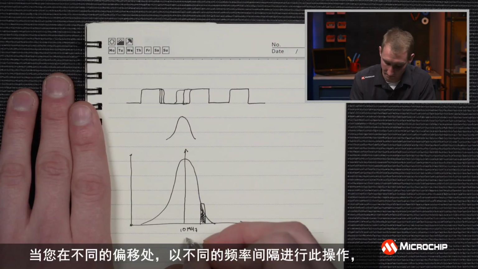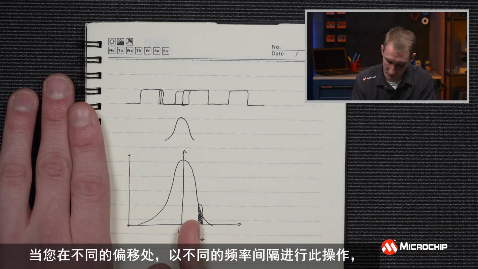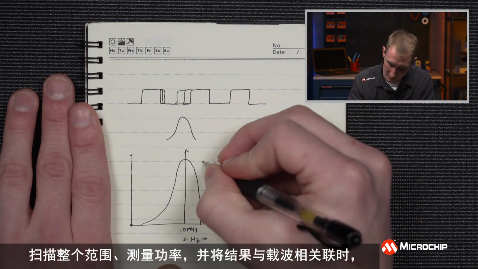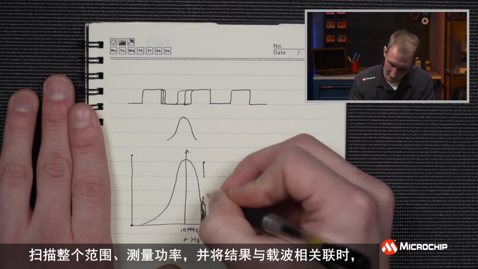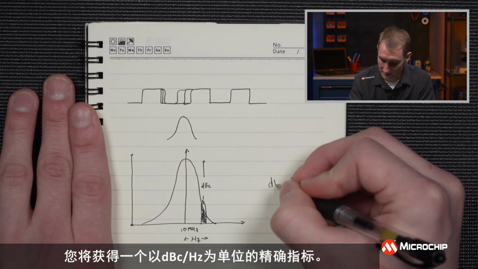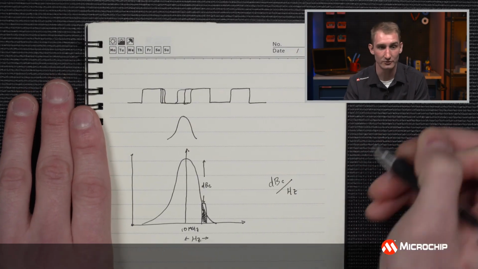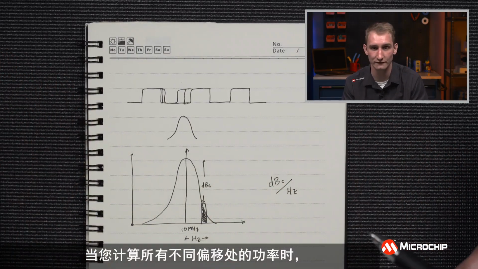And when you do this at a bunch of different offsets, sweeping all the way across, and you measure the power in relation to the carrier, you'll get a nice metric in dBc per hertz. And when you calculate that power at all of your different offsets, you'll be able to get a phase noise measurement, which is what our 53100 does.